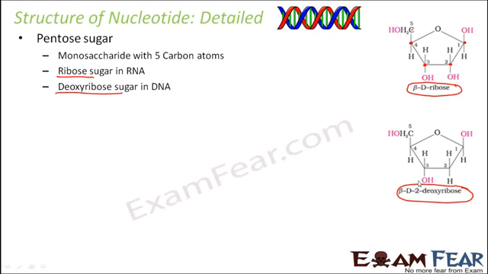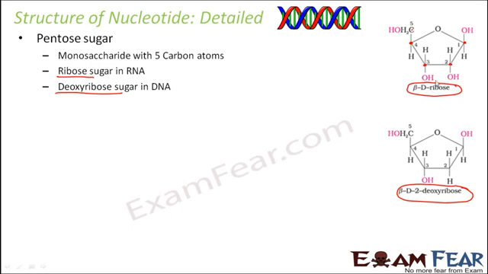Right? So that's how you can remember. Anything de means removed, like decoloration means the color has been removed. Similarly, deoxy means the hydroxy group has been removed. So here you have only one hydroxy group, but in the case of ribose sugar you have 2 hydroxy groups.